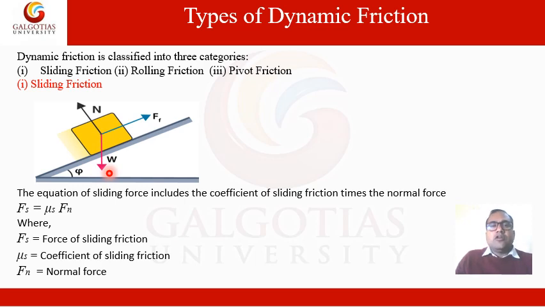Now the sliding frictional force Fs is proportional to the normal reaction force, where mu s is the coefficient of sliding friction. Fs is the force of sliding friction and Fn is the normal reaction force.